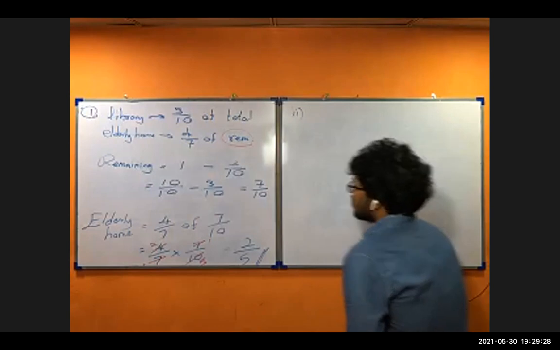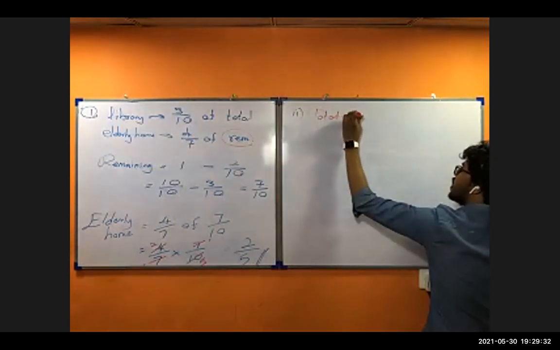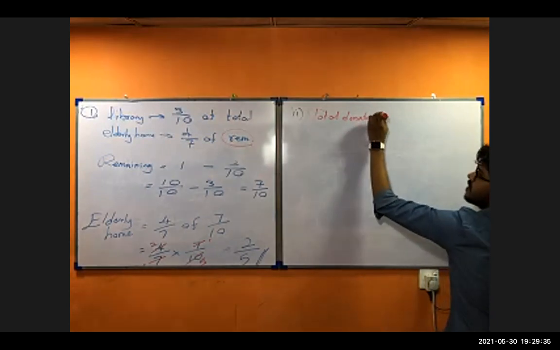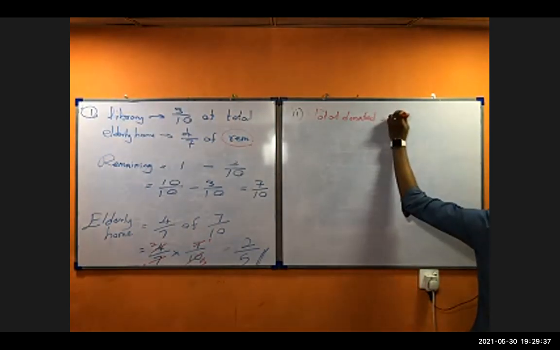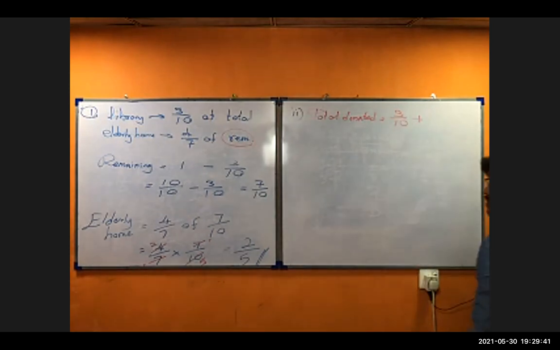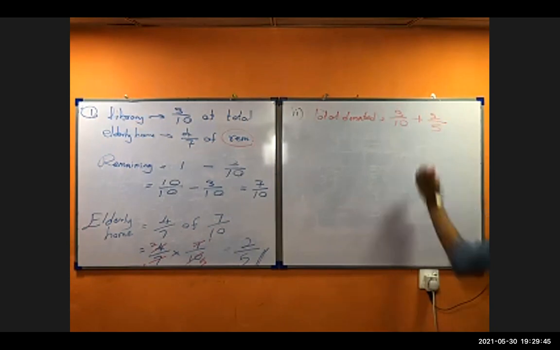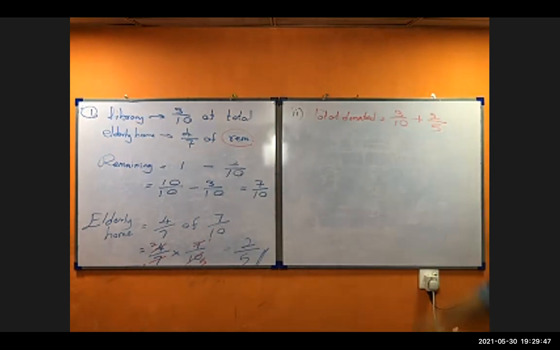Okay. So you can write total donated is equal to 3/10, that is of the total, plus 2/5. You have different denominators, so you cannot add; you have to make a common denominator.